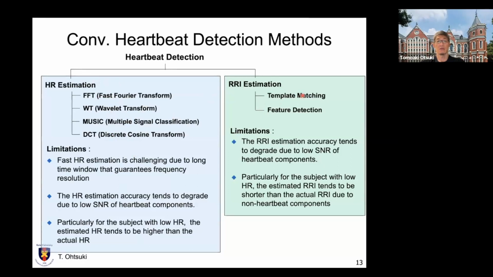Of course, if the signal quality is good, even a very simple or traditional technique can detect the heart rate and respiration. However, particularly when the signal-to-noise ratio is low and it is contaminated by noise, it is not so easy to detect using only these traditional techniques.